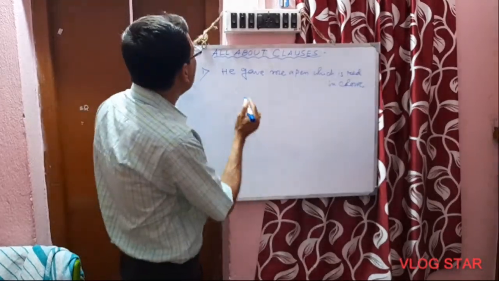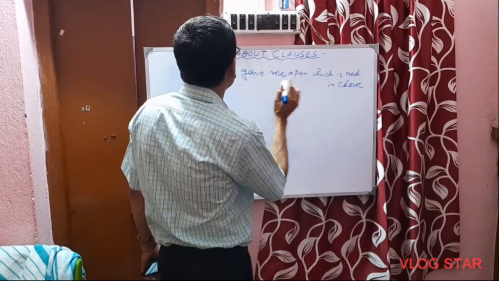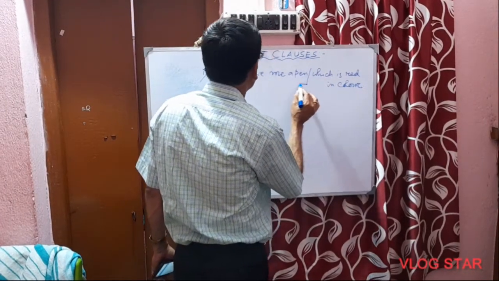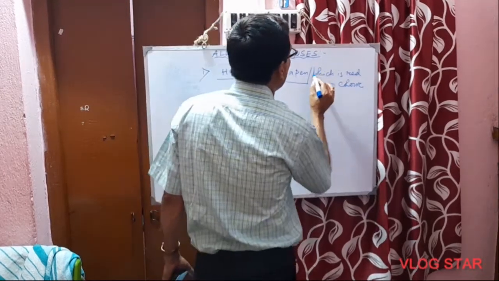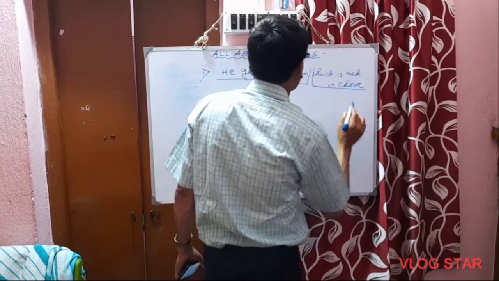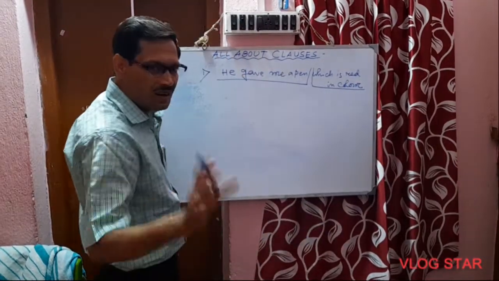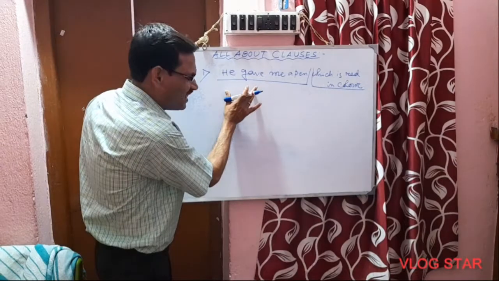Number one, he gave me a pen. Number two, which is red in color. Now consider, it is a clause.